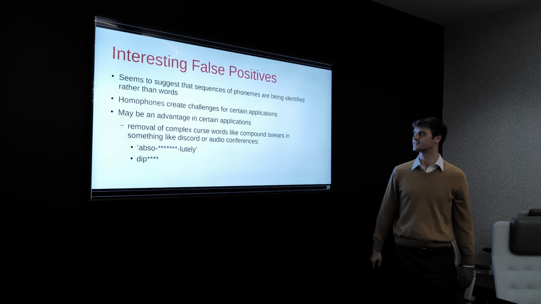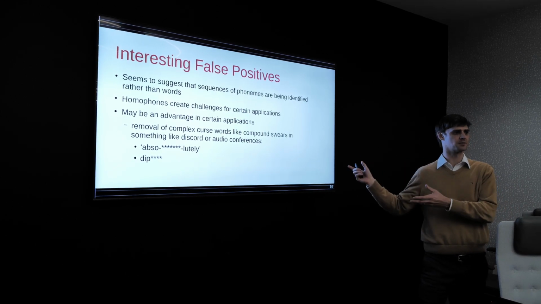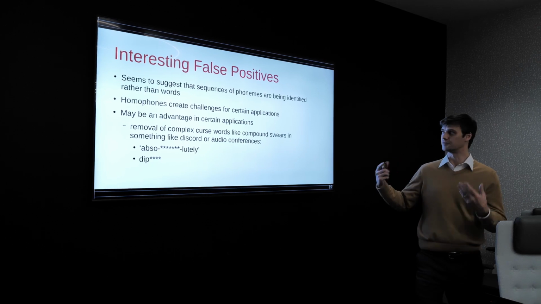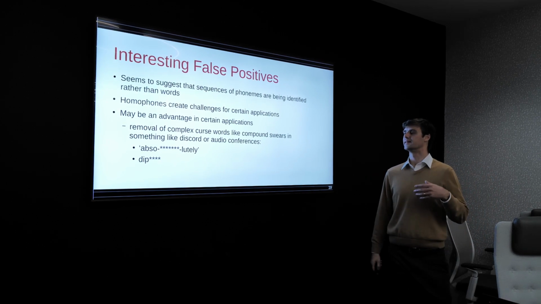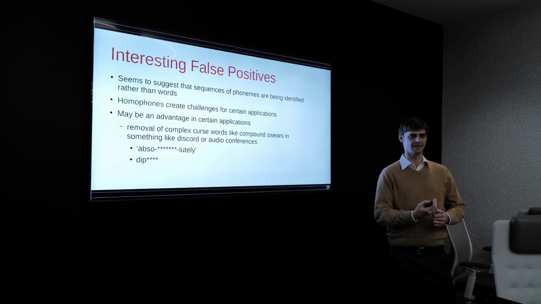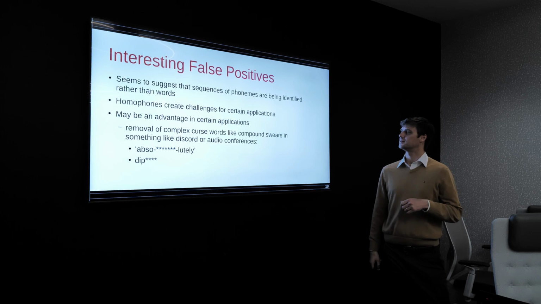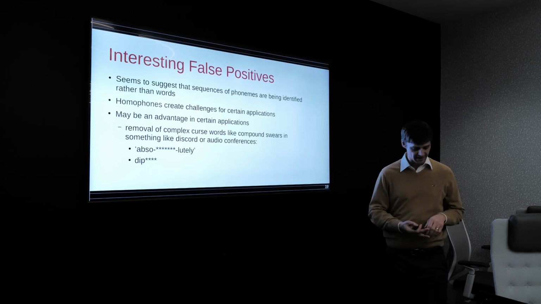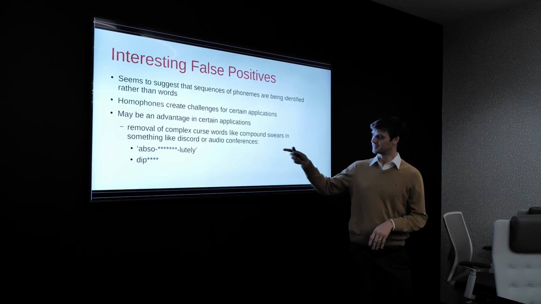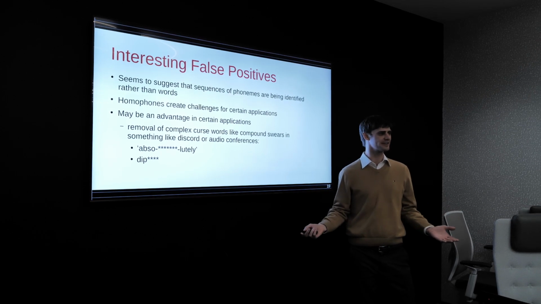It seems to suggest that we're not recognizing words so much as we're recognizing directly sequences of sounds, right? Of phones. And that means a few things, that homophones can be challenging. Anything that sounds identical is going to be confusing. But it might actually be an advantage in some cases. In the case of censoring swear words, people can be very creative with their swearing.